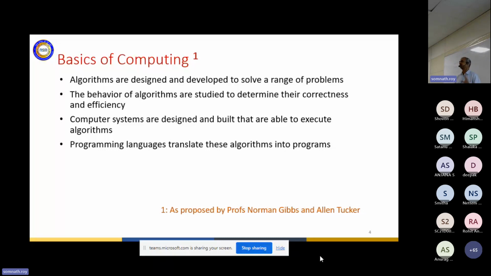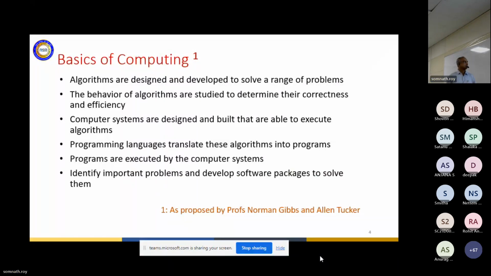The crux lies in translating the ideas of an algorithm into something that computers can understand, which are programs, using programming languages. Finally, these programs are executed by the computer systems. Then you have compilers, because computers understand machine language. Humans cannot write in machine language, so you have higher level languages and the compilers, linkers, loaders, as you all know.